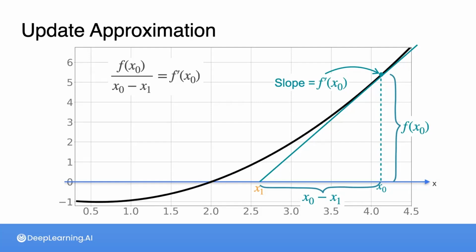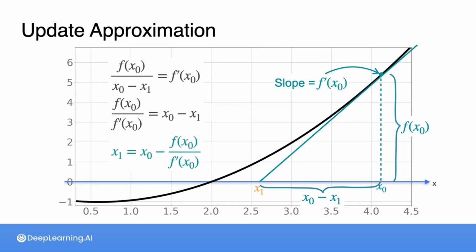So therefore f prime of x0 is f of x0 divided by x0 minus x1. We can manipulate this to get that x1 is equal to x0 minus f of x0 divided by f prime of x0. And that's the iterative step. You have x0, you simply calculate x1 based on x0 and then iterate.